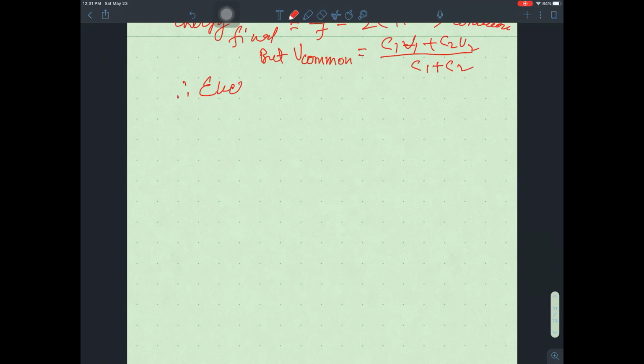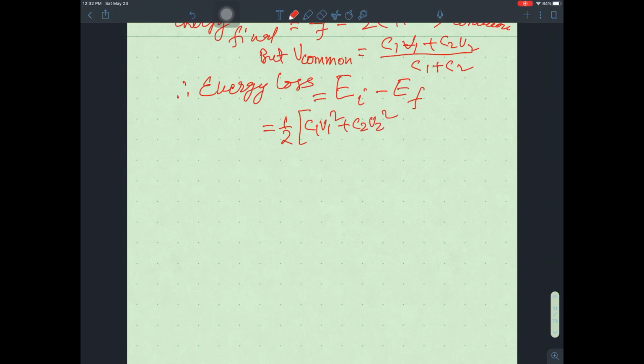Hence energy loss must be equal to E initial minus E final, that is equal to 1 by 2, I have taken common, (C1 V1 square plus C2 V2 square) minus (C1 V1 plus C2 V2) whole square by (C1 plus C2) whole square.